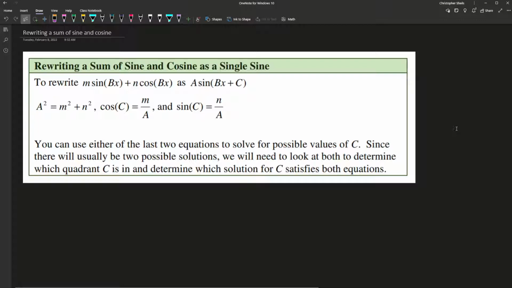Cosine of c equals m over a, and sine of c equals n over a. This says you can use either of the last two equations to solve for possible values of c. But since there will usually be two possible solutions, we're going to actually have to look at both of them anyway to determine which quadrant c is in and to determine which solution for c satisfies both equations.